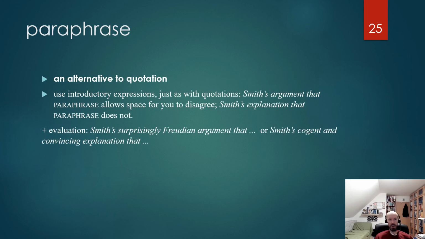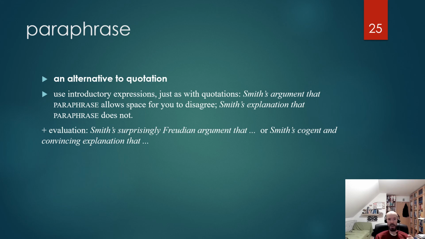Of course, an alternative to quotation is paraphrase, and here you can also use introductory expressions, just as with quotations. So Smith's argument that will allow you space to disagree, and Smith's explanation that won't. And there are some additional examples here which are evaluative in nature.